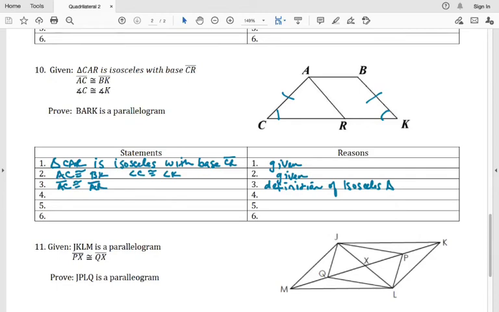Okay, and then because you know that that's an isosceles triangle, you know base angles are congruent to each other. So you know angle C is congruent to angle, we'll have to name this angle R right here with 3 letters just because we want to make it clear which angle R we're talking about. So angle ARC, and that's base angle theorem.